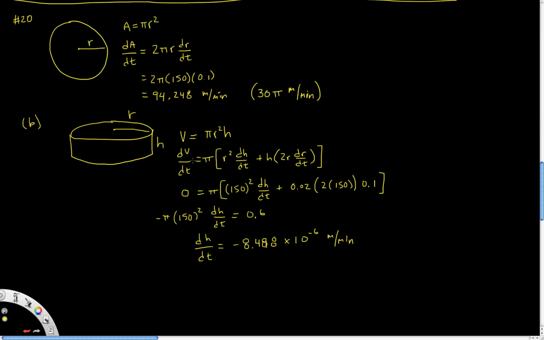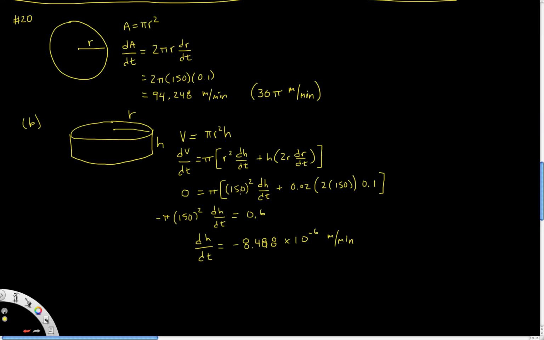Okay, now let's plug in some things that we know. We know that the volume of the oil slick is constant and that the derivative of a constant is 0. So dV/dt has to equal 0. There's pi. Our radius is 150.